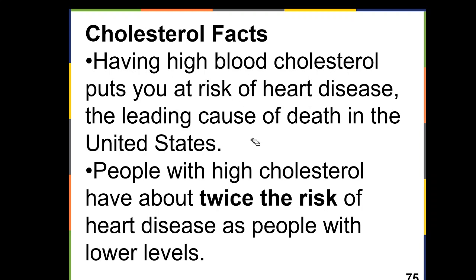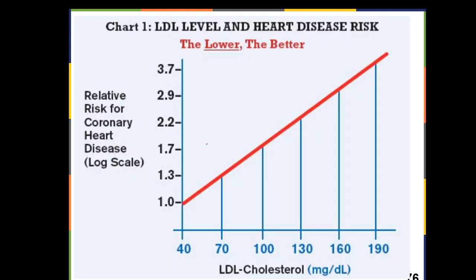Here's an example of an application of this. High cholesterol is correlated to what? To heart disease. That means the higher your cholesterol, the higher your risk of heart disease. People with high cholesterol have about twice the risk of heart disease as people with lower cholesterol levels.